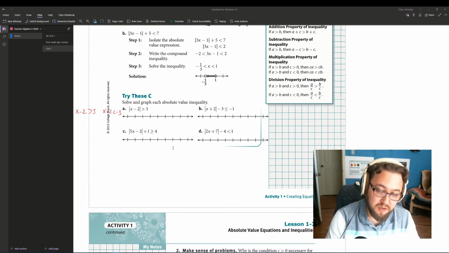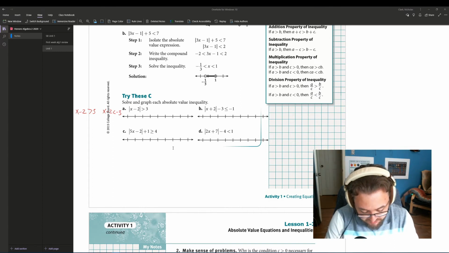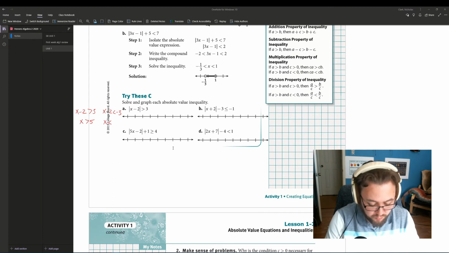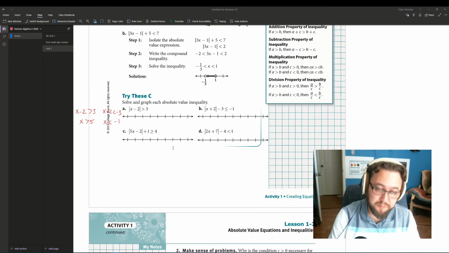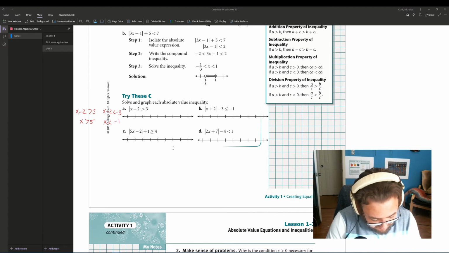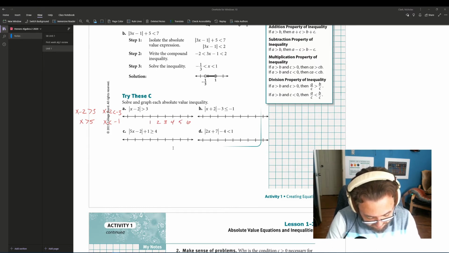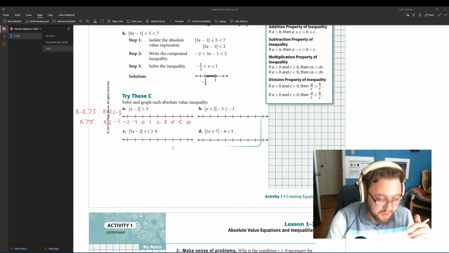We're going to solve these just like equations. We're going to add 2 to both sides. So X is greater than 5, and the other one is going to be X is less than negative 1. I'm going to go ahead and plot this. So we'll say this is 6, 5, 4, 3, 2, 1, 0, negative 1, negative 2.